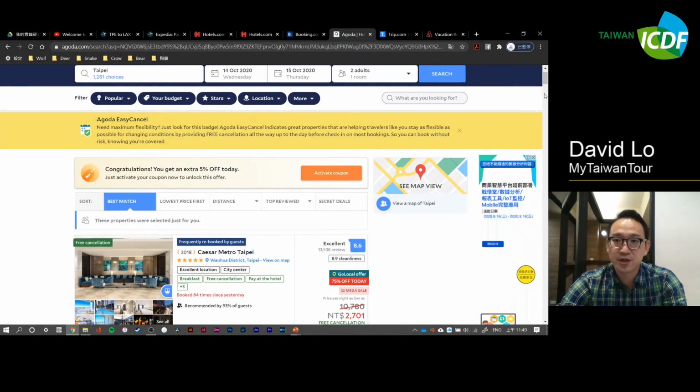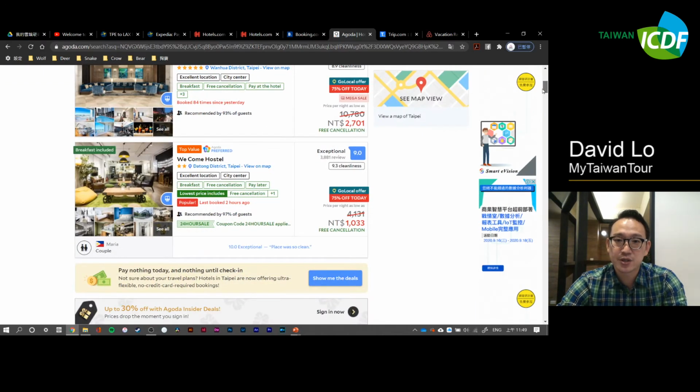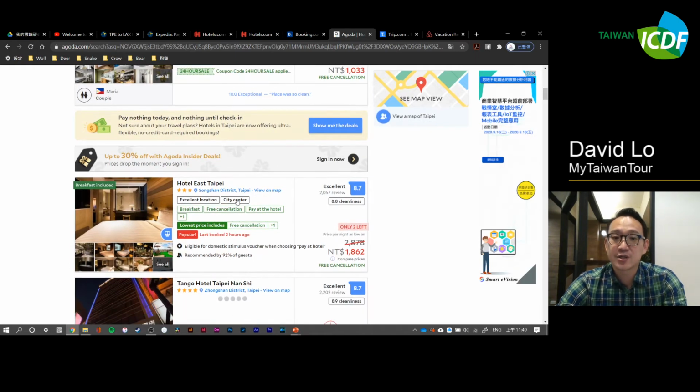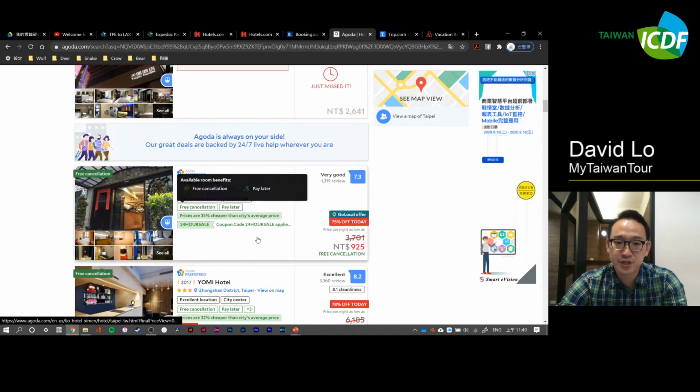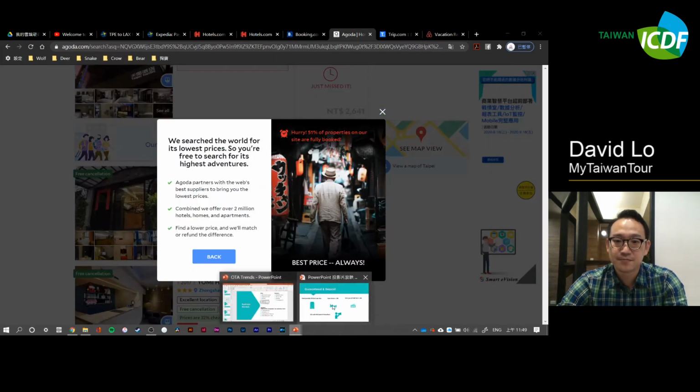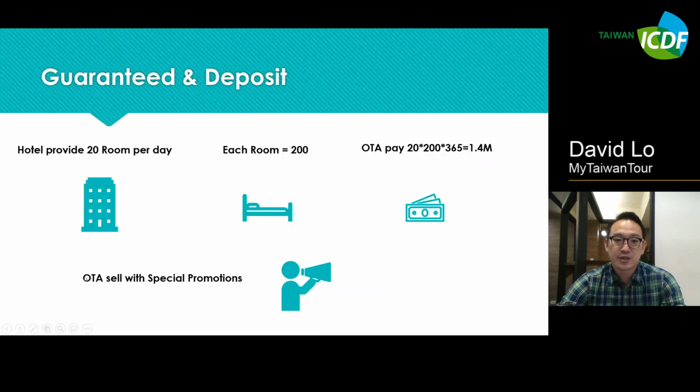So this is one of the marketing or advertisements that they use to acquire more business for this hotel in exchange. So here the OTA sells with special promotions like this. This is the other way the OTA makes sure they have enough rooms to sell at this price, and they provide this advance payment to you.